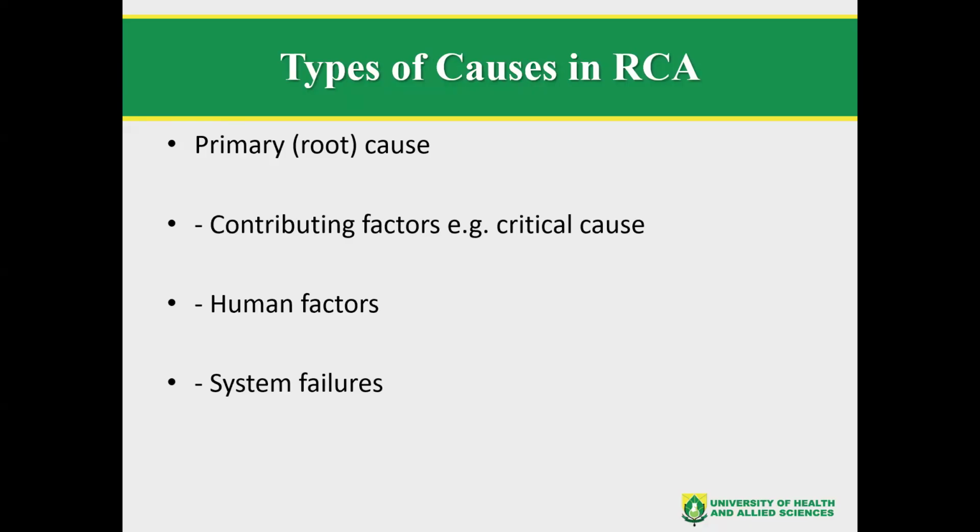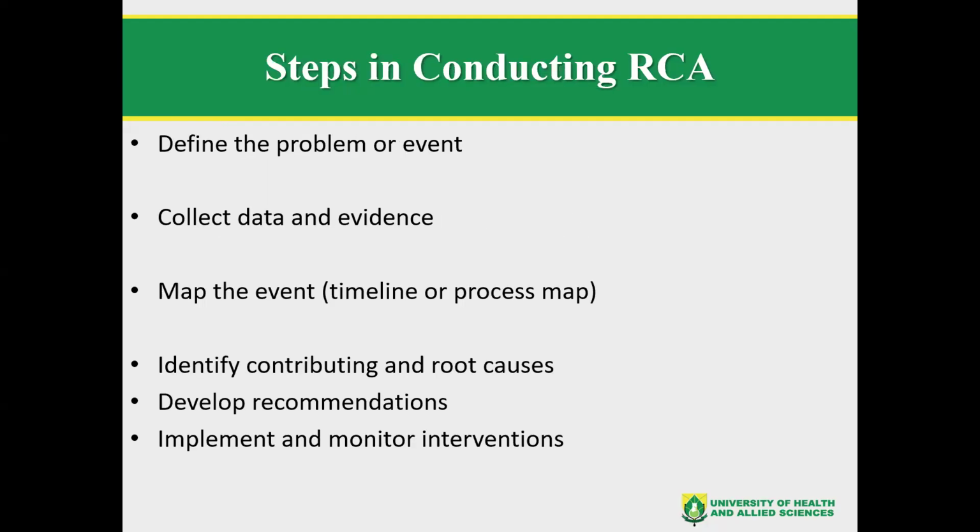Sometimes the root cause of a problem can be due to human factors, something from the human side that didn't go well. There could also be system failures that probably resulted in a certain problem.